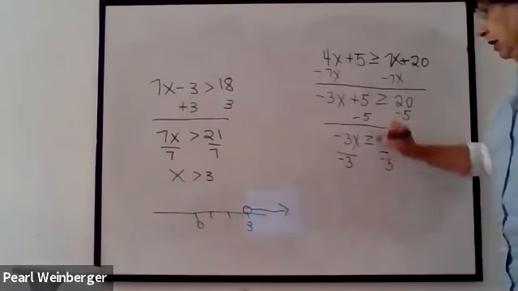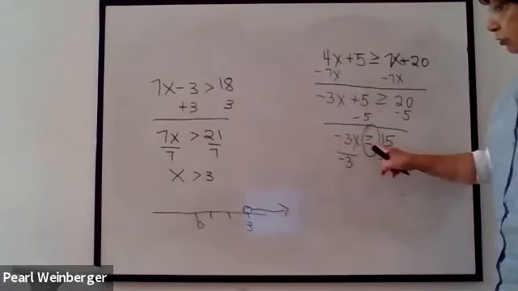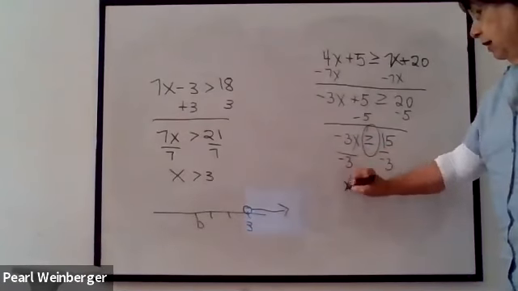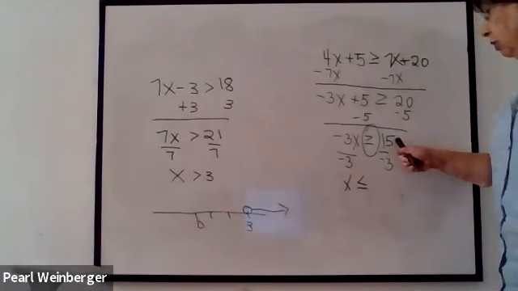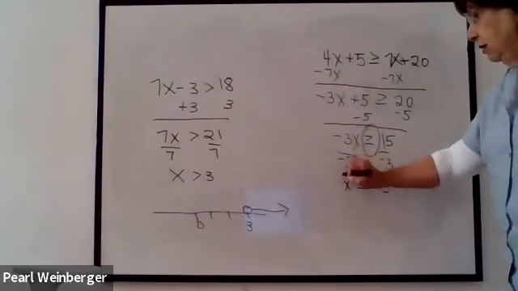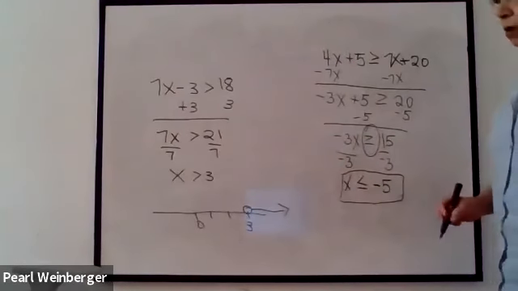But remember what I said, when you're dividing by a negative number, you've got to switch the direction of your inequality. So this will become x less than or equal to, well, 15 divided by -3 is -5. And this is your solution as an inequality.